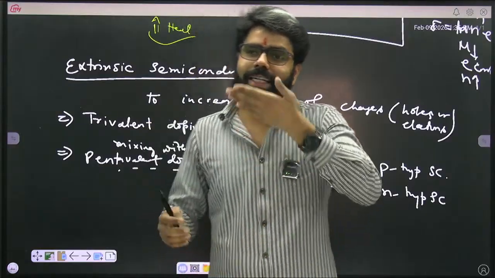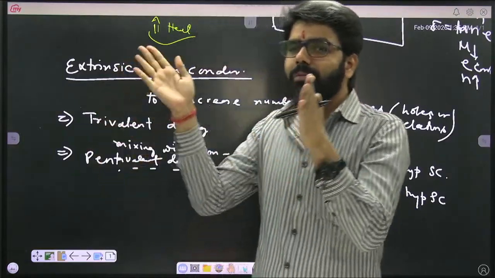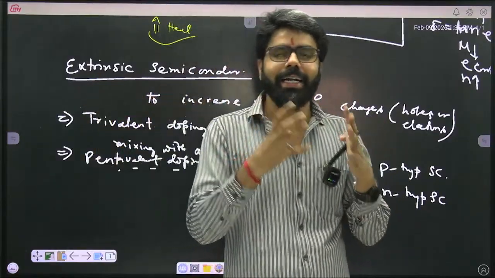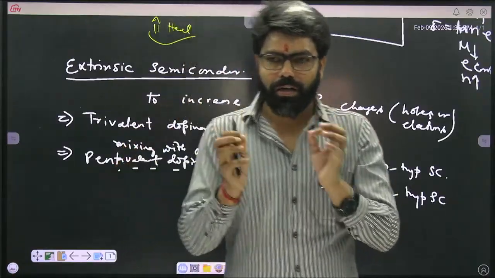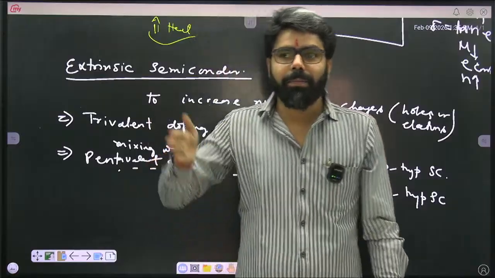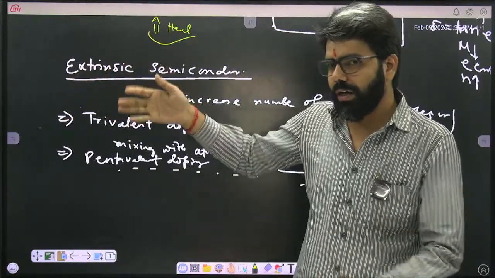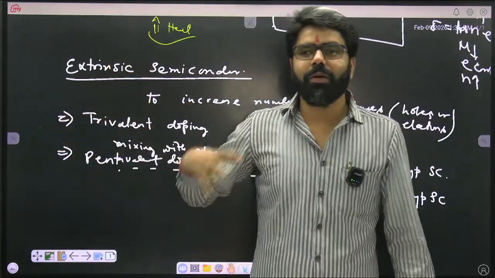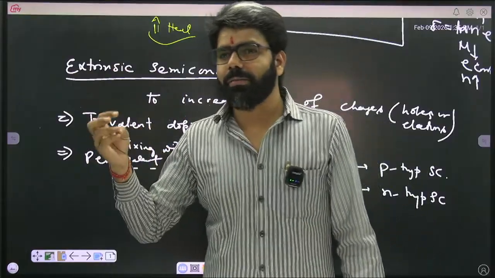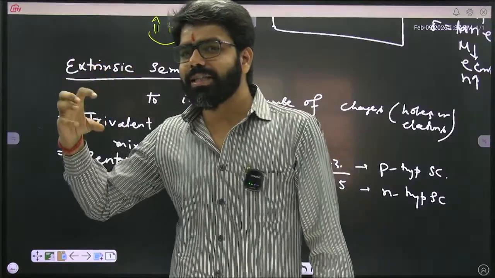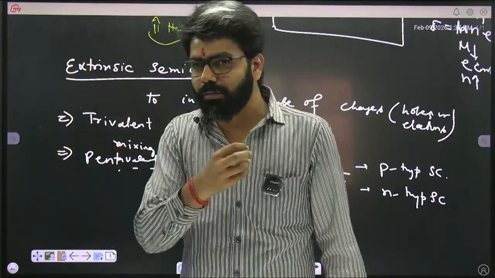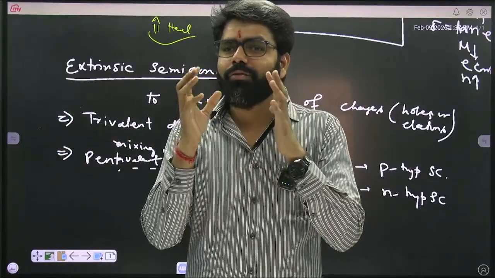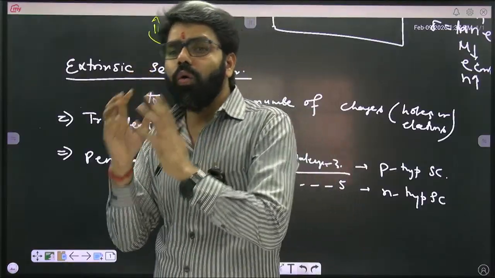Now there is a question: can we take a semiconductor, simply put aluminum together with it, and get an n-type or p-type semiconductor? No. We take wafers of semiconductor and put them in an environment where aluminum or phosphorus is present, and a particle accelerator or similar equipment releases high-energy aluminum or phosphorus atoms, which get embedded into the semiconductor and form covalent bonds with their host atoms.